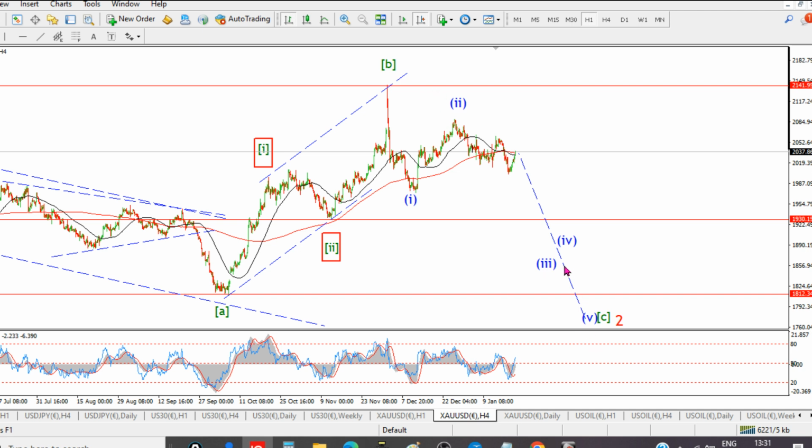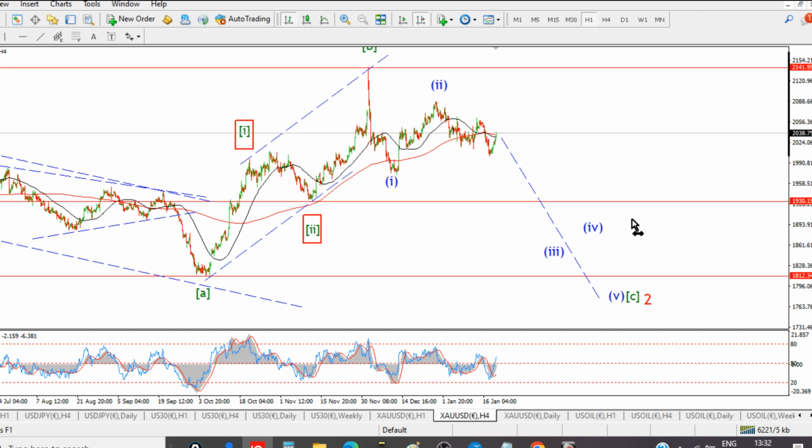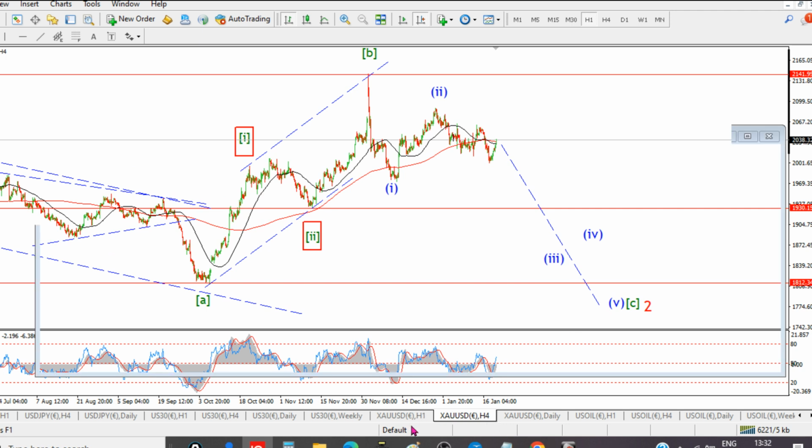If we are maintaining a third wave decline here, then we should, maybe not today, but next week, see a continuation to the downside. And I think that will result in probably a break of 1912 at least in wave 3.